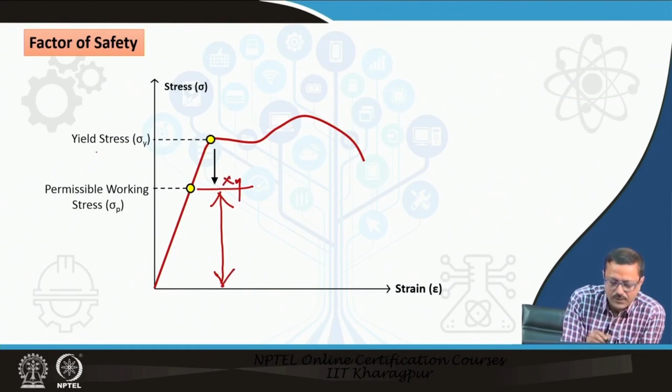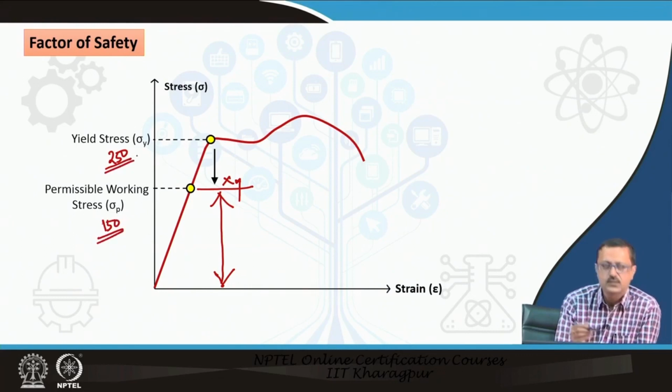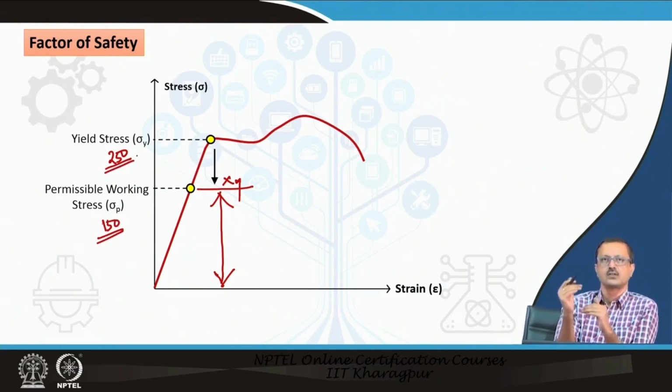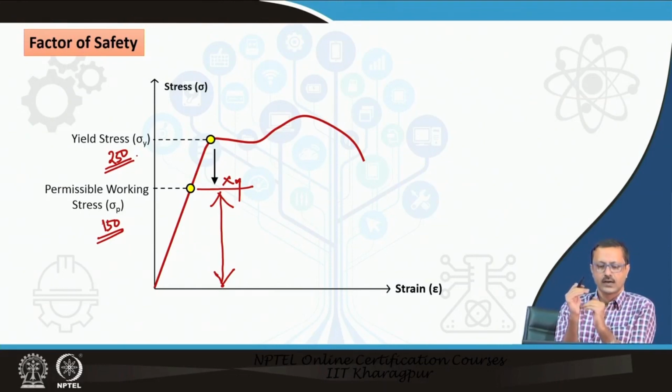Suppose the yield is 250, we may stick to 150 or something like that. Even if it is 160, 170, it is still safe and does not go into plastic deformation, but still we try to keep ourselves within the 150 limit. Why? Because we want to put a margin between the safety and the working load.